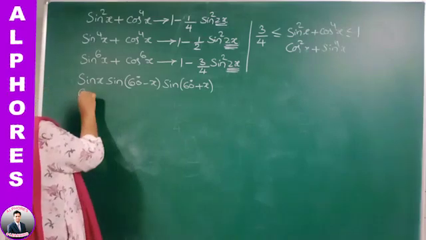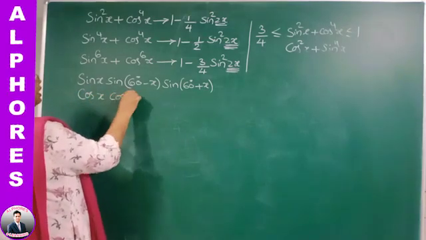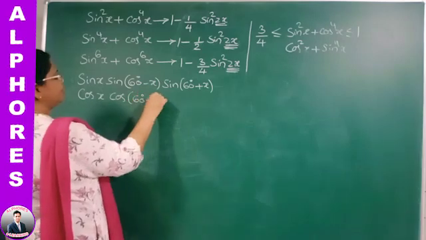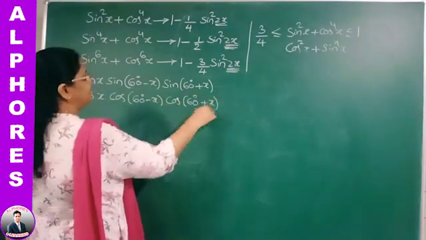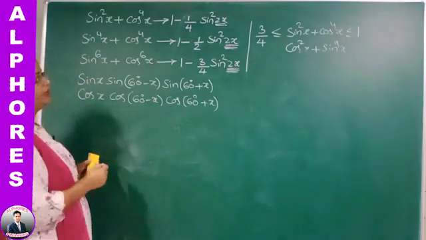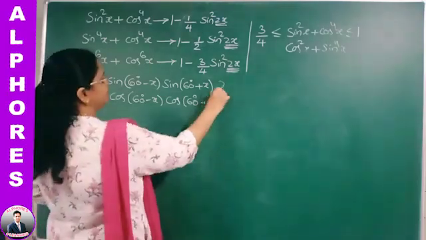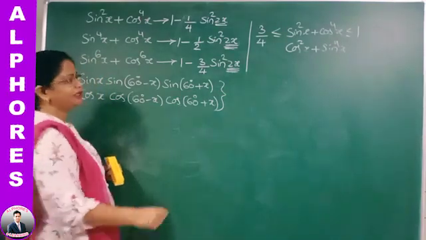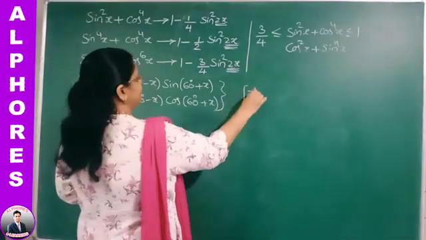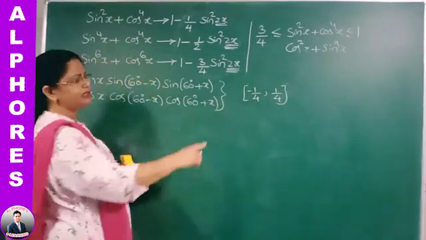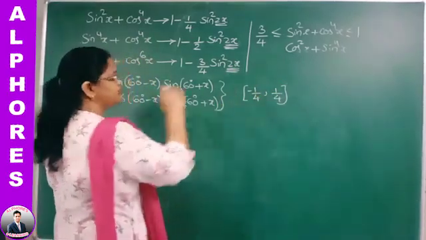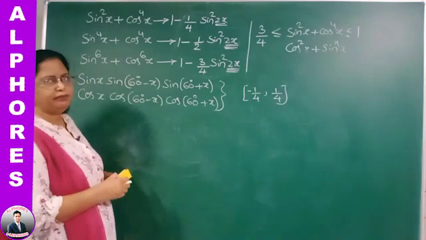In the same way, cos x into cos of alpha minus x into cos of alpha plus x, where that alpha can be 60 or 120 or 240 and 300. For this also, the same kind, the range is nothing but minus 1 by 4 comma 1 by 4. That means the least value is minus 1 by 4, whereas the greatest value is 1 by 4 here.